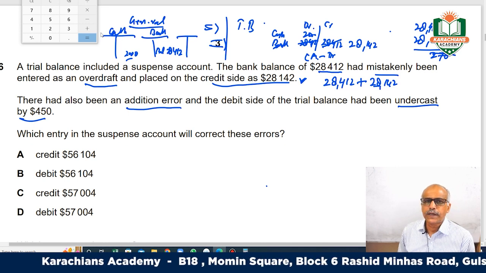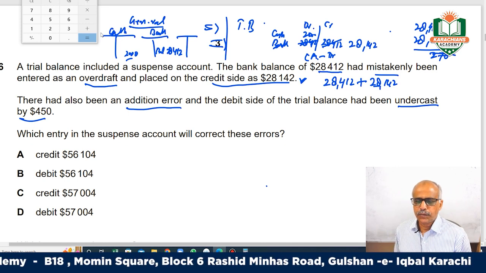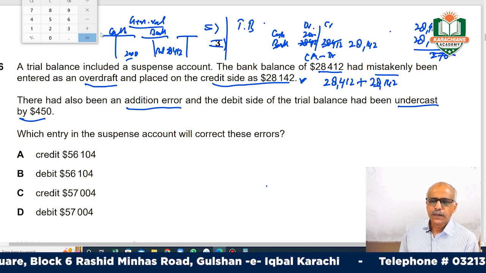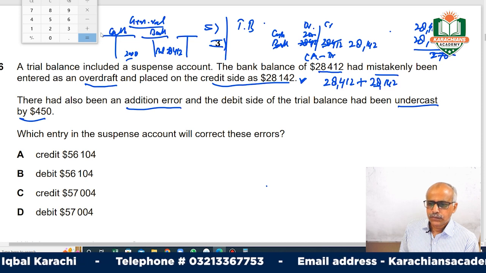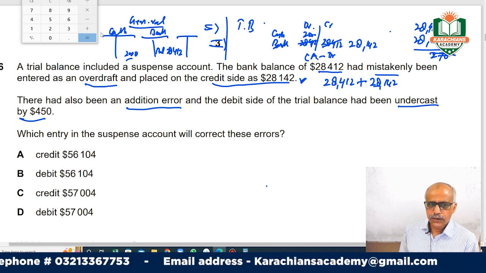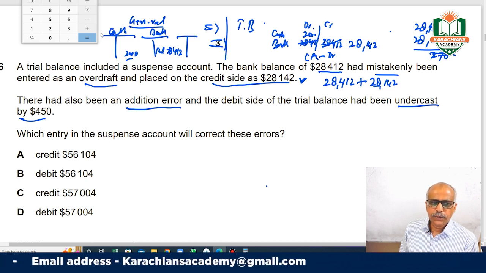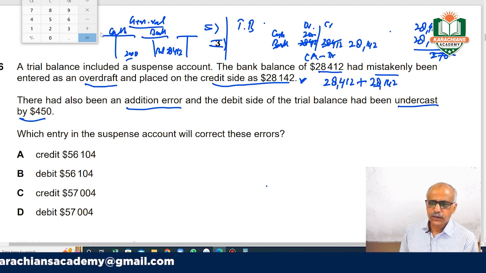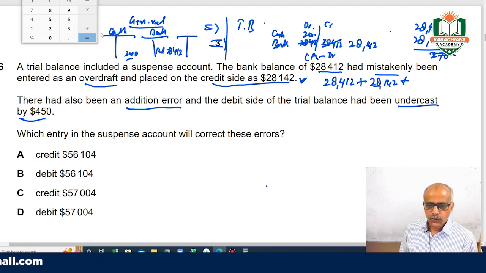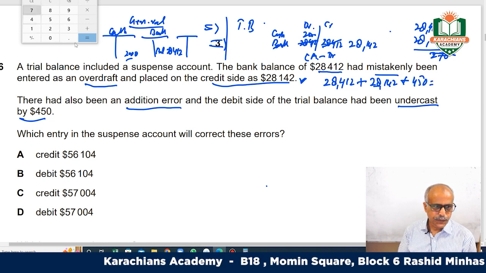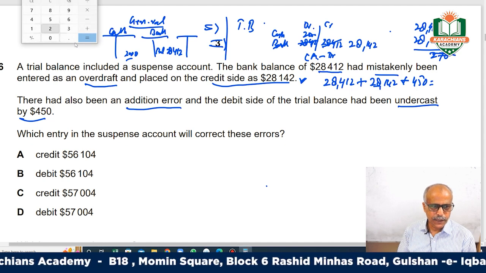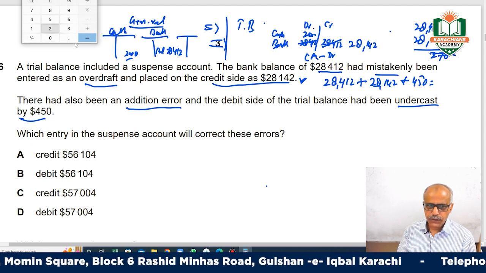When you were making your debit and credit balances of the trial balance, you made the mistake of undercasting, so your debit side was short by 450.